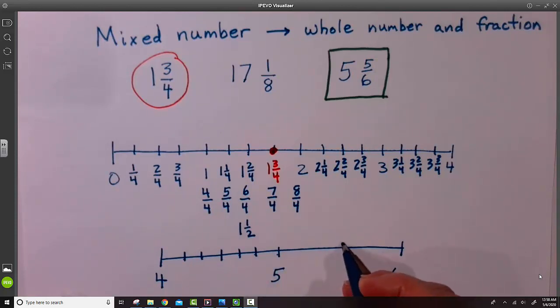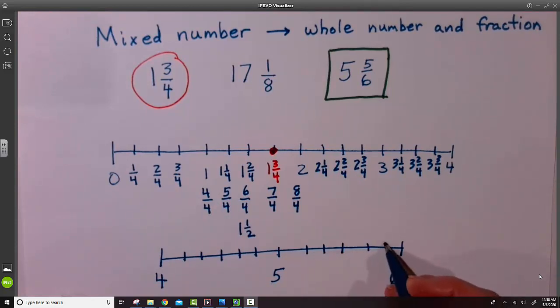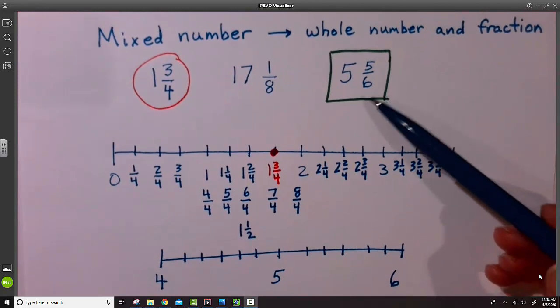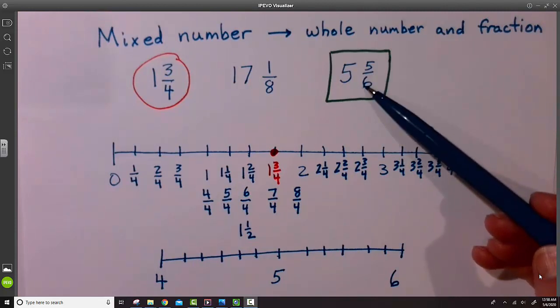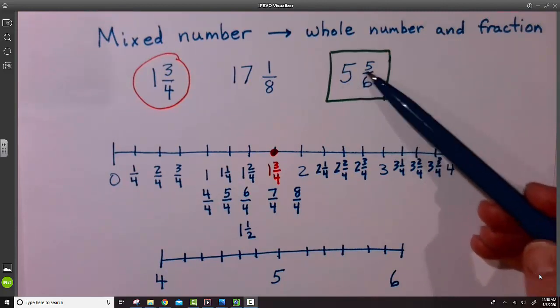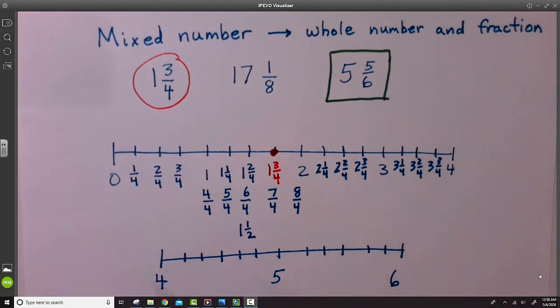The same must be true between the whole numbers 5 and 6. 1, 2, 3, 4, 5, 6. Again, these are not perfectly spaced, but for our purposes, they will be fine. So back to our mixed number, we see the whole number is 5, and the fraction is 5/6. So we know that this number is more than 5.